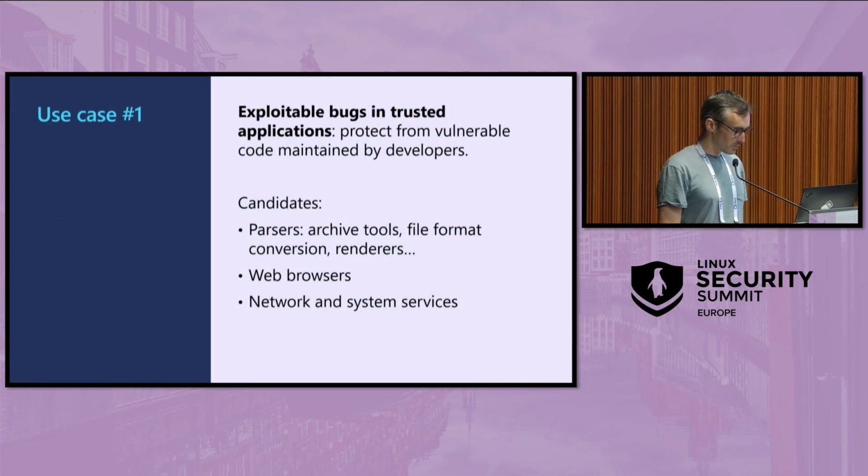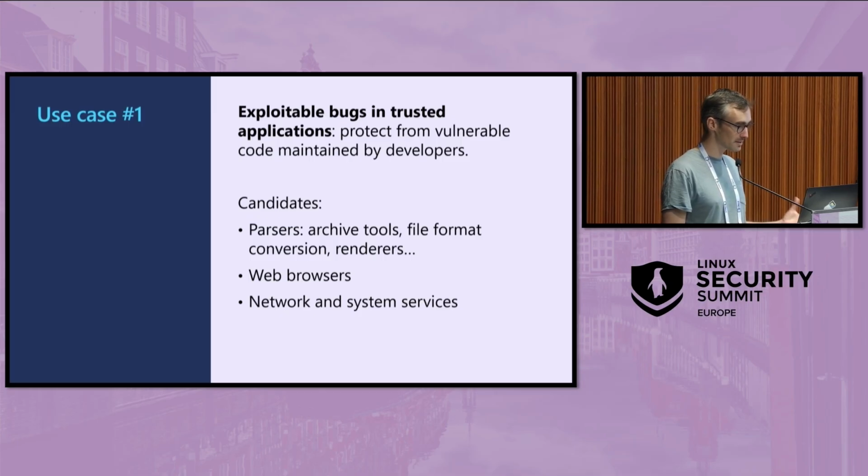Some Landlock properties, and I would like to start with the two main use cases for Landlock. The first one is to sandbox applications by changing the code, making them request the kernel to limit themselves. The idea is that initially the application is trusted, more or less, but at some point it can drop privileges.